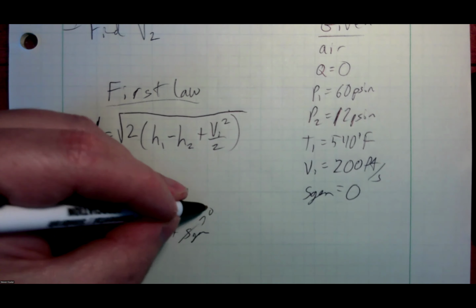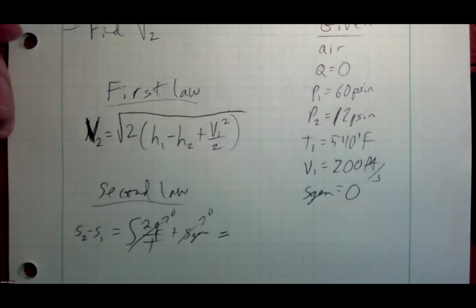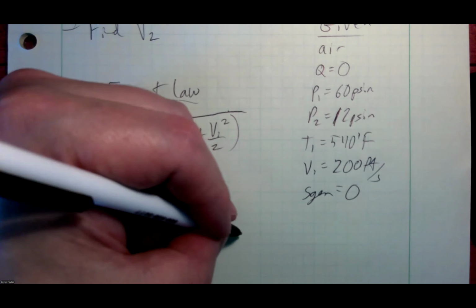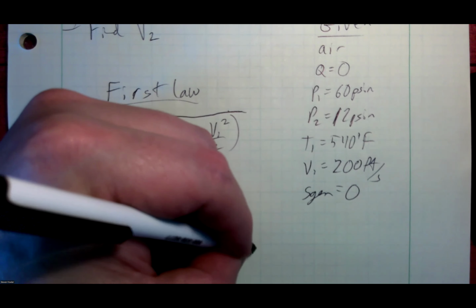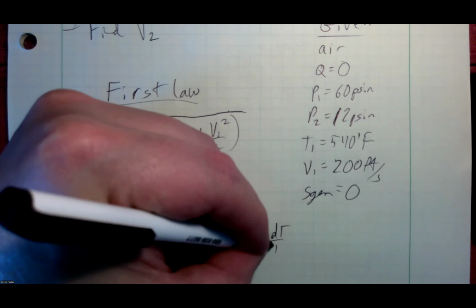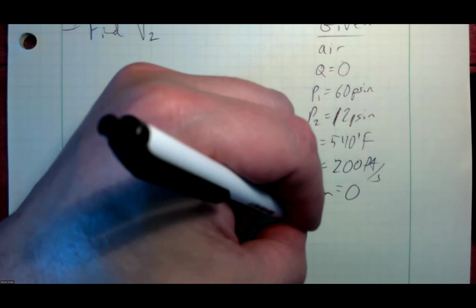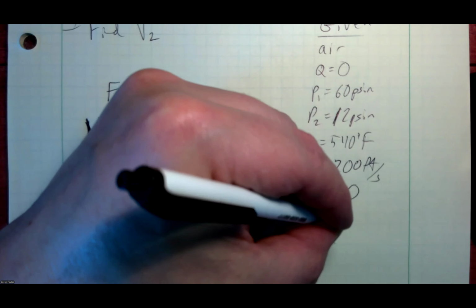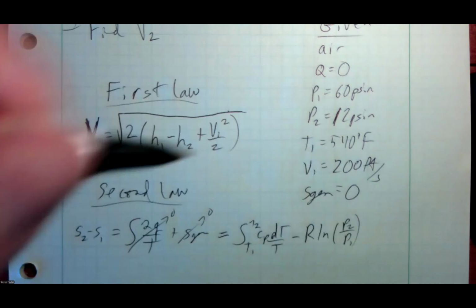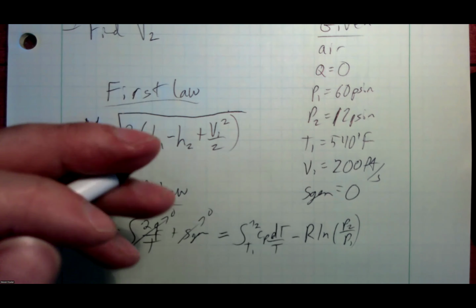It's adiabatic and reversible. We're going to use the Gibbs equation: the integral from T1 to T2 of c sub p dT over T, minus R ln of the ratio of pressures. I'm using this version because I know my pressures. If I know my volumes, I might use the other form for an ideal gas.